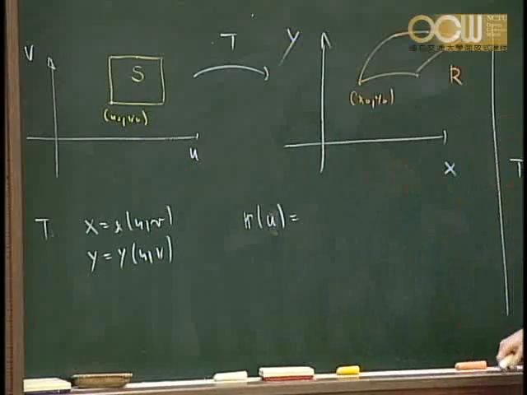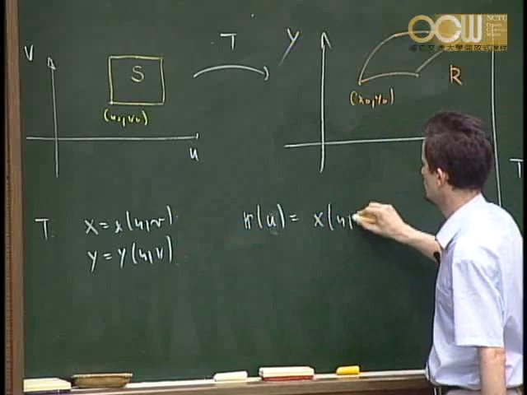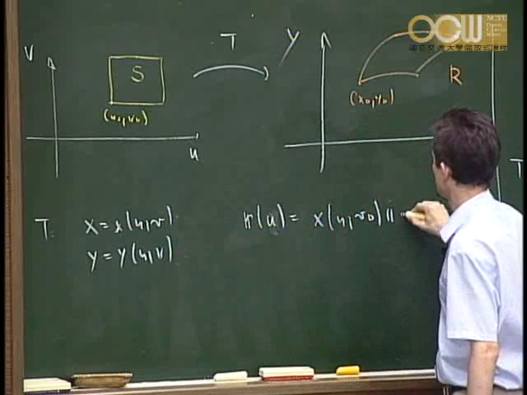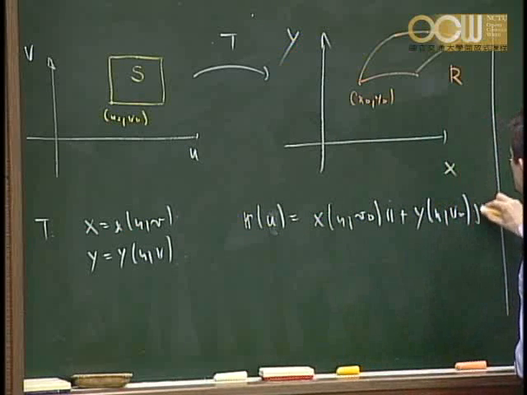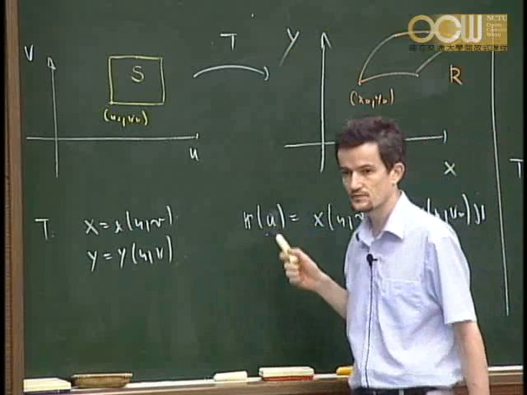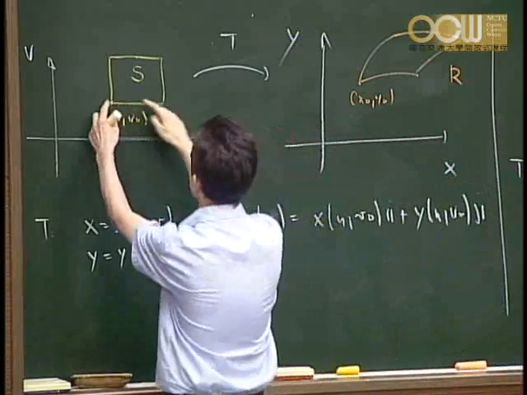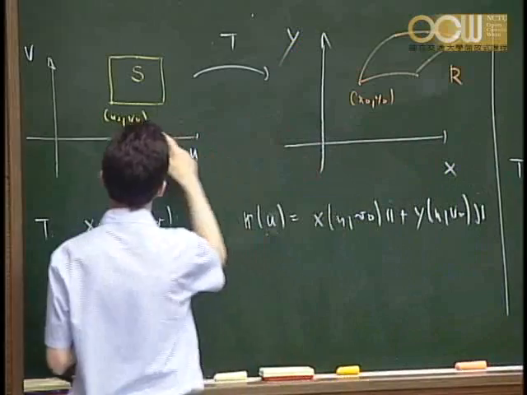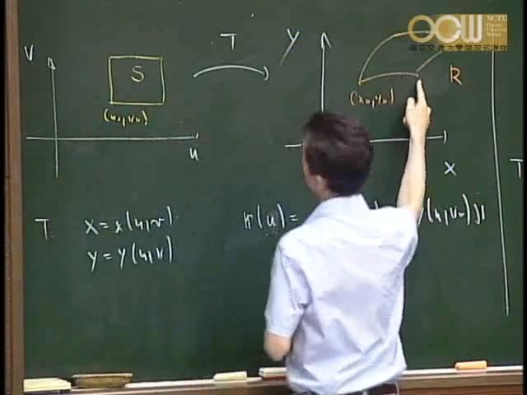The components of the vector function are those two: X of U, V0 I plus Y of U, V0 J. So this describes the image of this here. As U goes from this point to this point, our R of U will go from here to here.